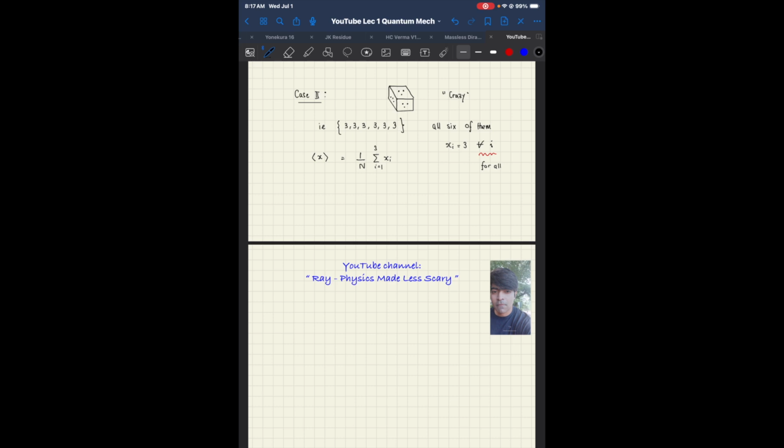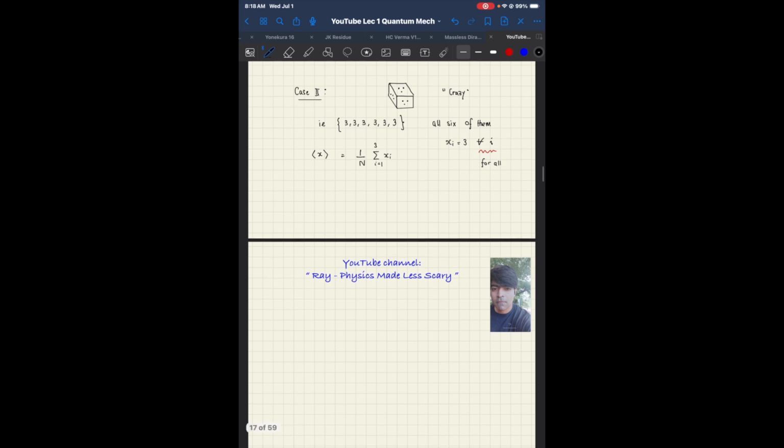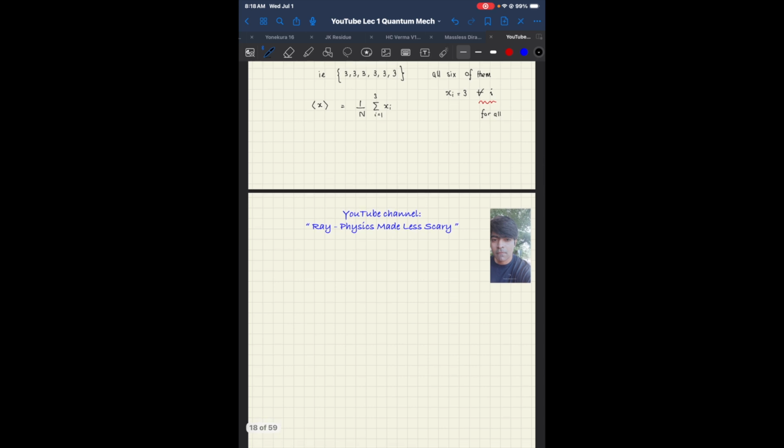Okay. So this is 1 by 6 times 6 into 3, because all the xi's are 3 and there are 6 of them. So x bar is actually 3, right? Not surprising, because you had only one value, so the mean is also the same as the value itself.